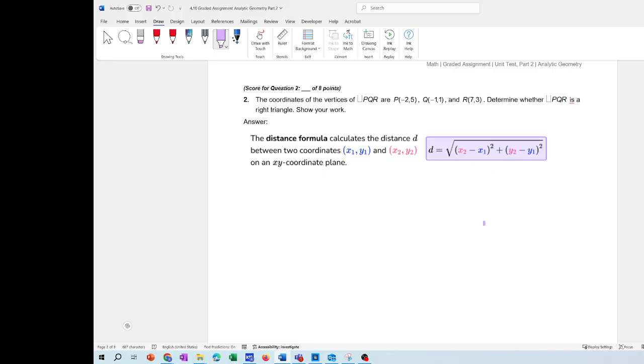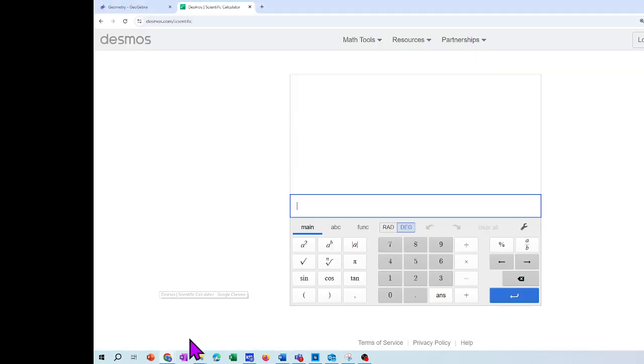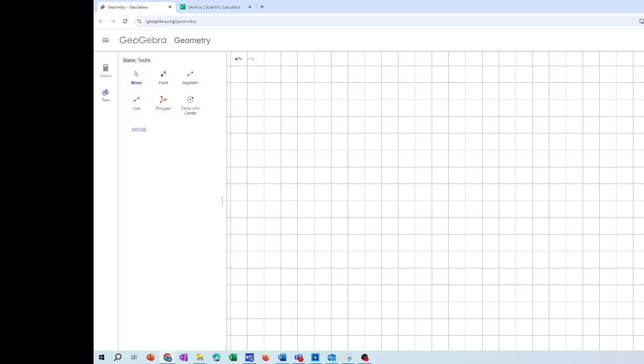We're going to be using the distance formula. Okay, so the first thing you're going to do is let's take a look at how this will look on GeoGebra. That's the first thing we are going to do.